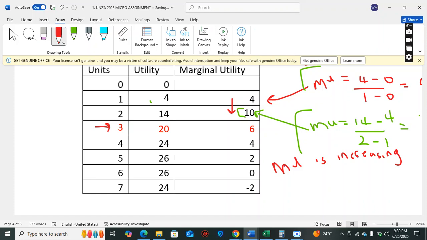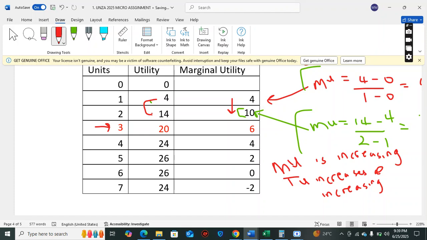When marginal utility is increasing, total utility increases at an increasing rate. What we mean basically here, have you seen this jump from 4 to 14? It's a big jump.